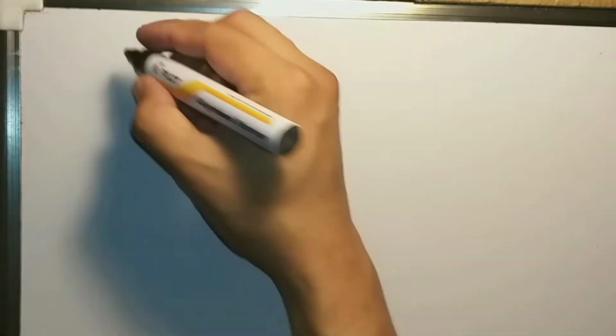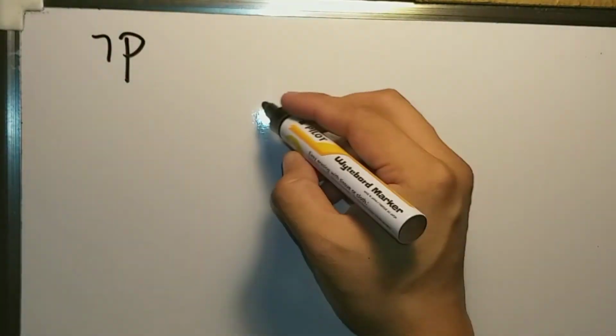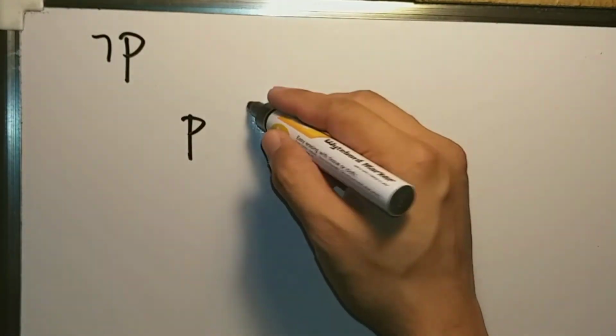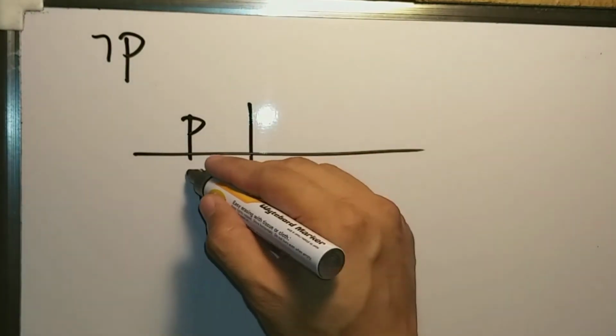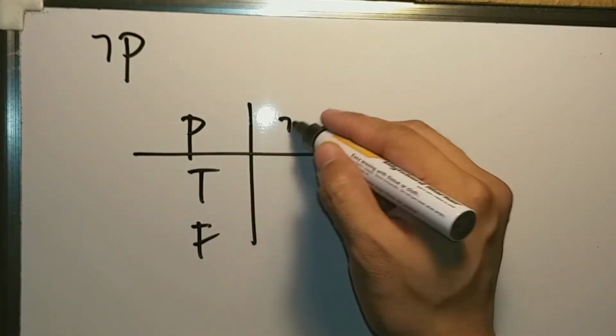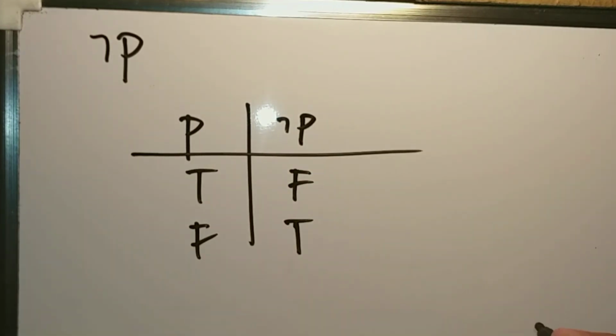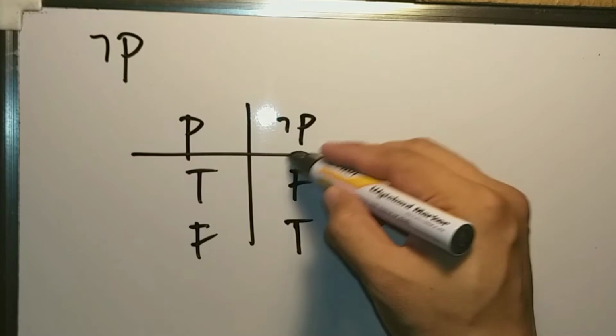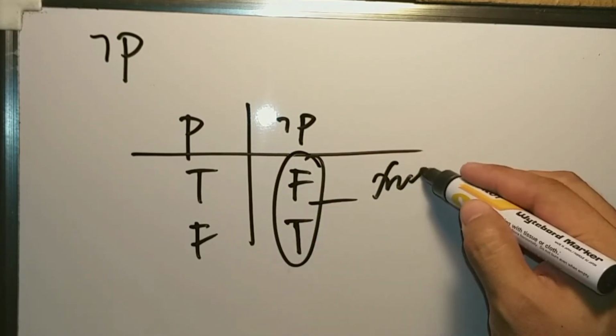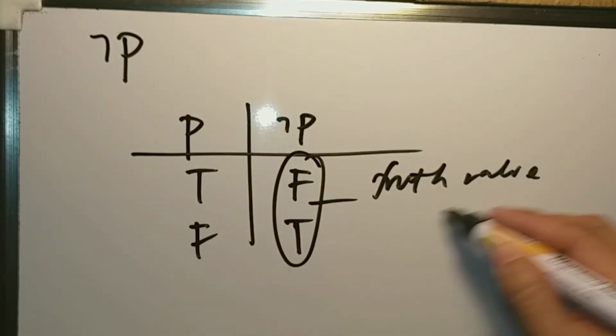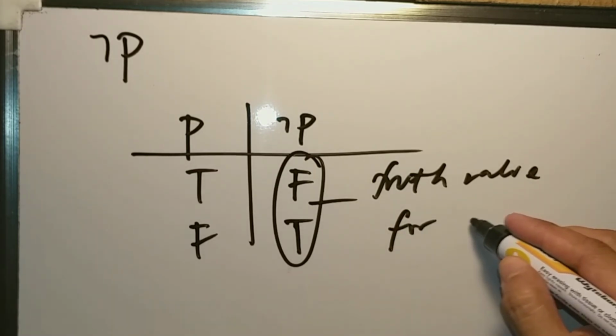So the truth table for the not P proposition: we have P, true, false. So not P, we have false, true. So this is the truth value for not P.